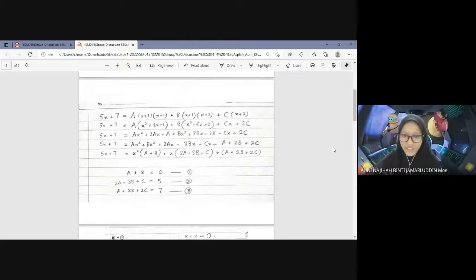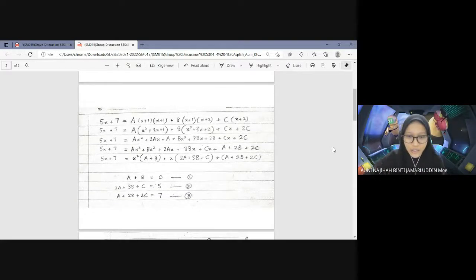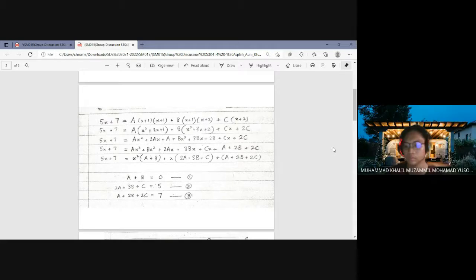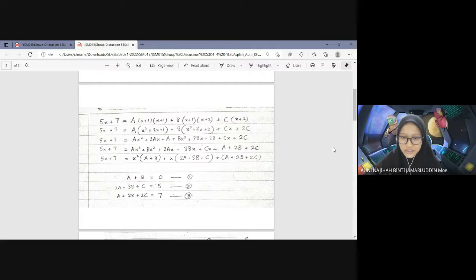And then you can see that we have to expand the equation, and finally we get 5x plus 7 equals ax squared plus bx squared plus 2ax plus 3bx plus cx plus a plus 2b plus 2c.